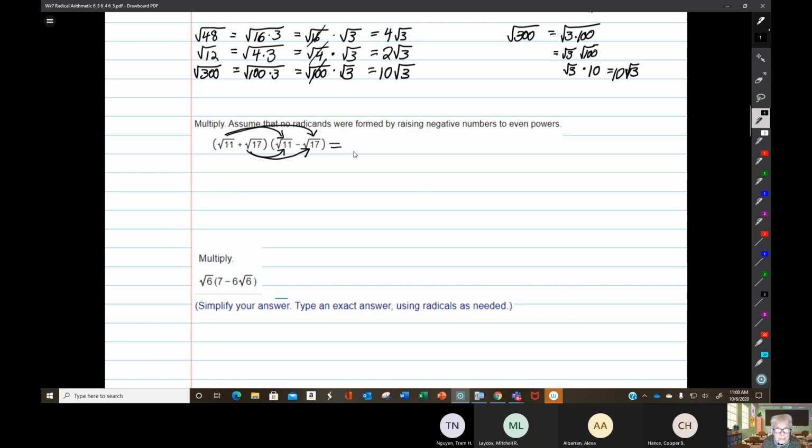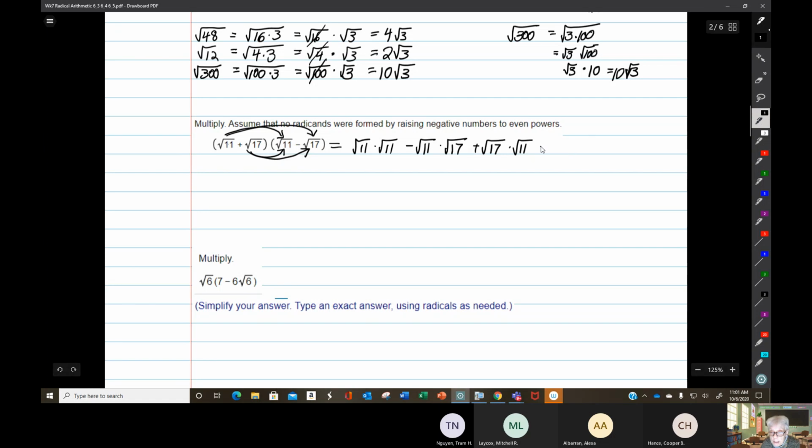So here's what that'll give us. The square root of 11 times the square root of 11 minus the square root of 11 times the square root of 17 plus the square root of 17 times the square root of 11, and you've got a plus square root of 17 times a minus square root of 17.